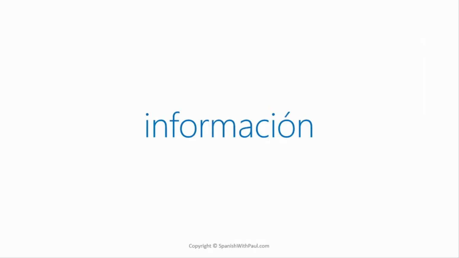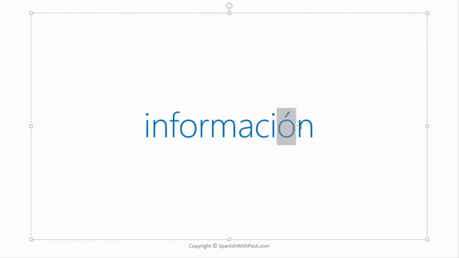And that is why in the written language, you'll see the accent over the O, because it's telling you that this word breaks the rules. It's not the default setting, and you stress the last syllable, the ending. So we have información. Now, saying it this way will be immediately understood. However, if you stressed the wrong syllable, you probably would not be understood because it would sound so strange to their ears.